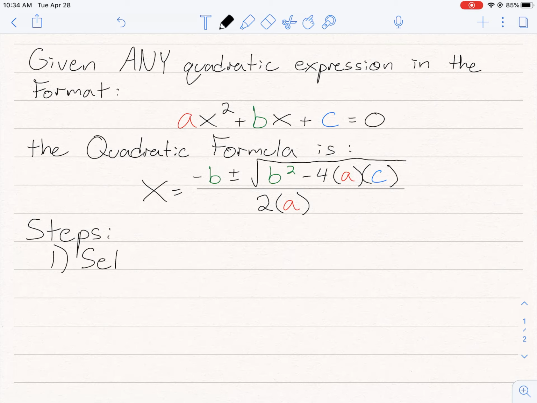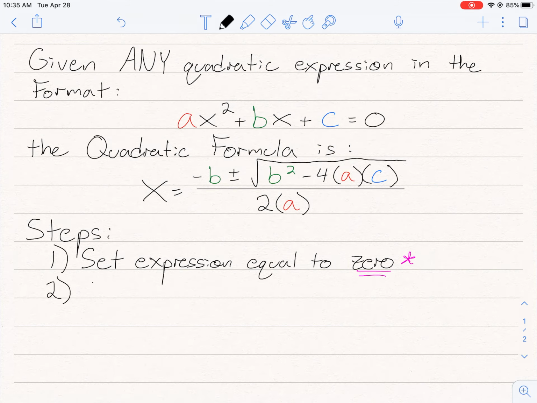So steps. The first one's pretty simple. We've done this in the past. You have to set the expression equal to 0. And I can't stress that enough, that it has to be equal to 0.